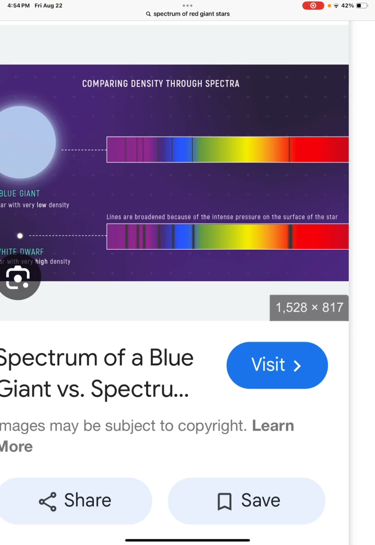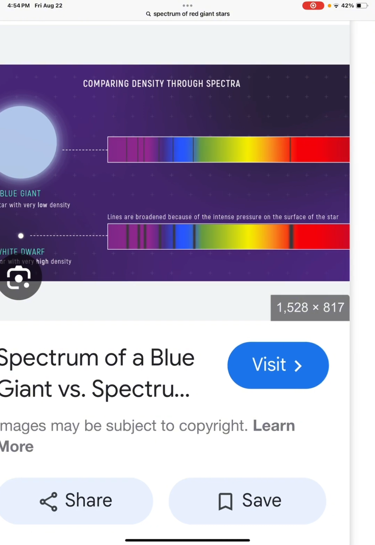And for a blue giant star, which is in the main sequence, you see how thin those spectral lines are. All right, so I was wrong earlier. No, I wasn't wrong. I just mentioned that you have to see the width of the spectral lines. So if they are so wide, like the ones we see here on the bottom, then we know that that's a white dwarf. It's not in the main sequence, so this method cannot be used.